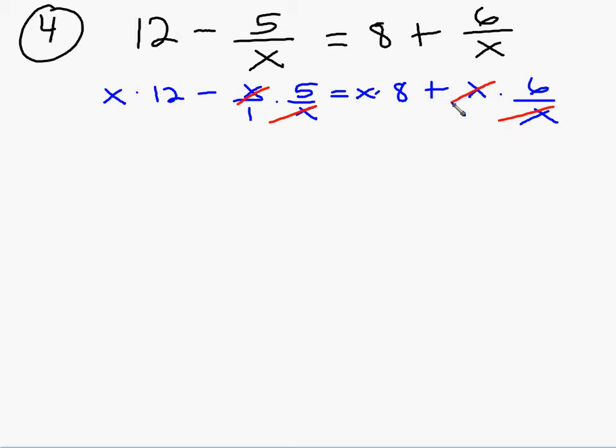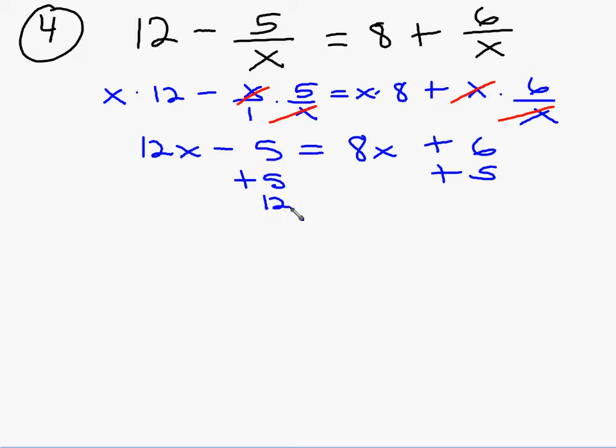And you now have 12x minus 5 equals 8x plus 6. Get all your x's and numbers together. Let's see, I'll add 5 to both sides. 12x equals 8x plus 11. Subtract 8x. 4x.